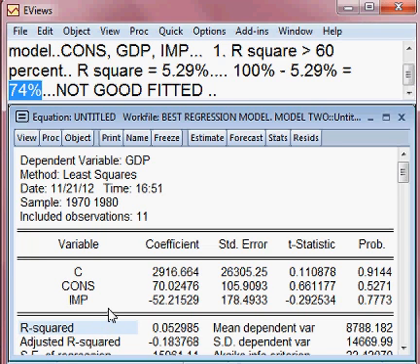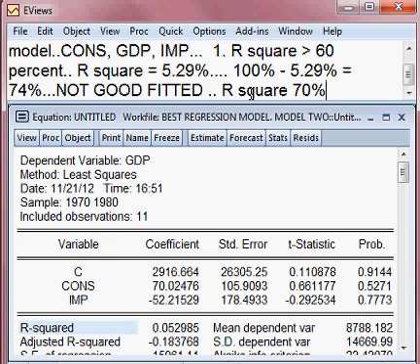Okay, that is one criteria, that R square should be more than 60%. Then only we can say that our independent variables are good. Suppose R squared is 70%.